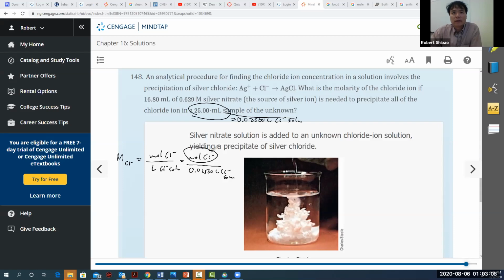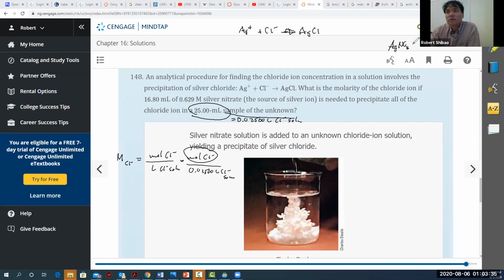And so how are we going to get the chloride from the stoichiometry of this? Well, this is stoichiometry using a net ionic equation. And so we could do that here. Using a net ionic equation is fine here. And so what we're going to have is 16.80 milliliters of 0.629 molar silver nitrate, the source of silver ion. And so silver nitrate is AgNO3.